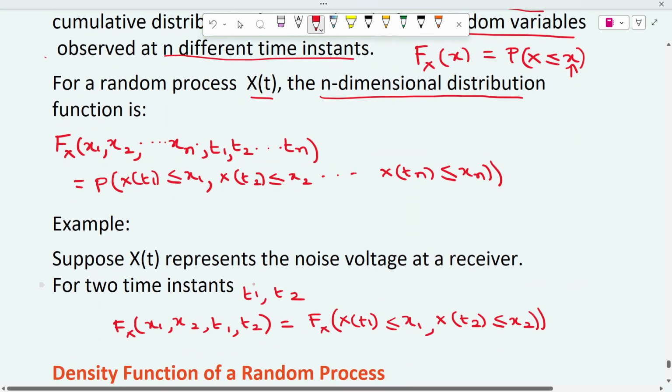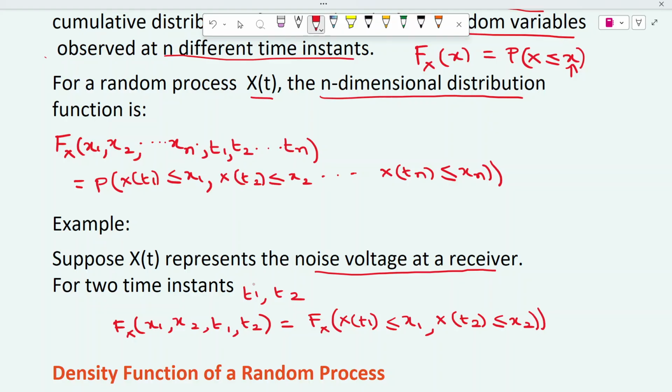We will see with an example. Suppose X of t represents the noise voltage at the receiver at two time instants t1, t2. We can write it as Fx of x1, x2, t1, t2, as we are having two different time instants t1, t2.